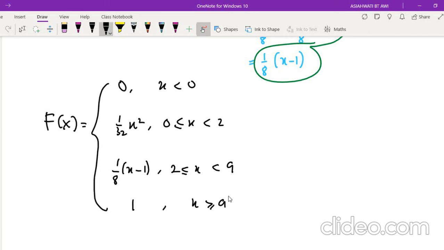So this is the cumulative distribution function for the continuous random variable.